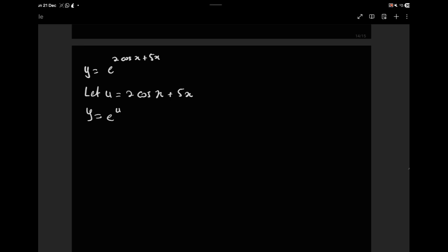Okay, so now we try to differentiate, du over dx equal to, 2 cos x will give us negative 2 sin x plus 5.